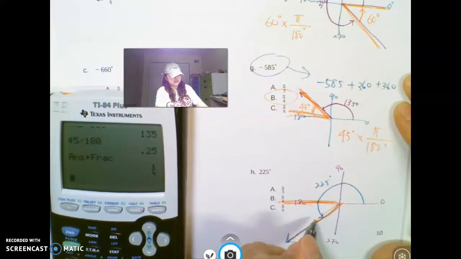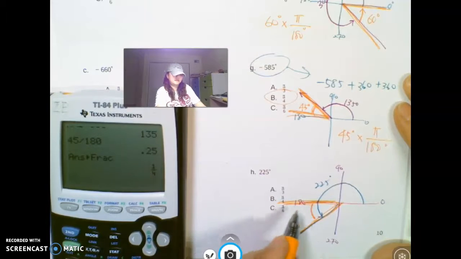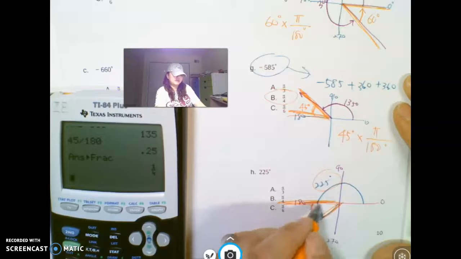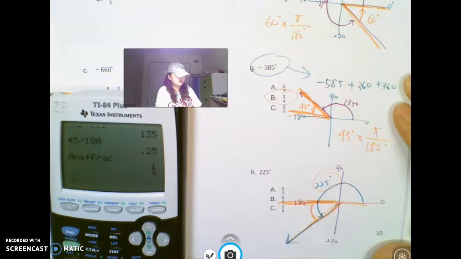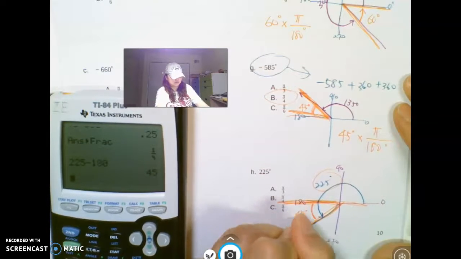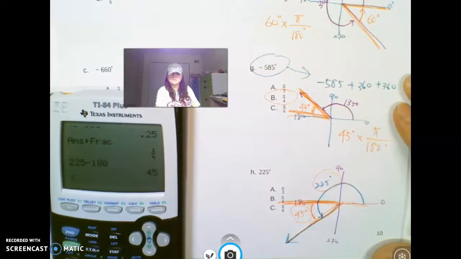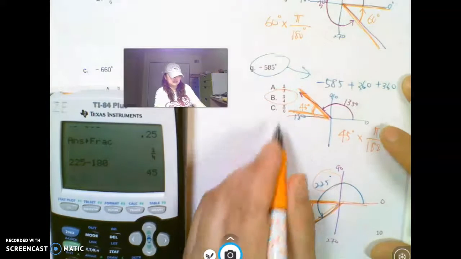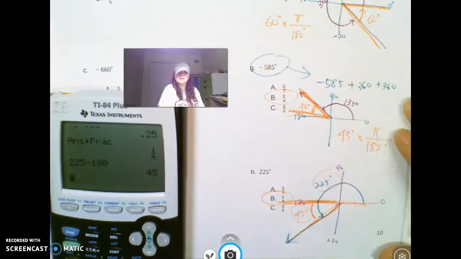We're going back a little bit, so we're subtracting 180. 225 minus 180 is 45 degrees. Wait, we just had 45 up here, so it'll be the same. So pi over 4. There you have it.